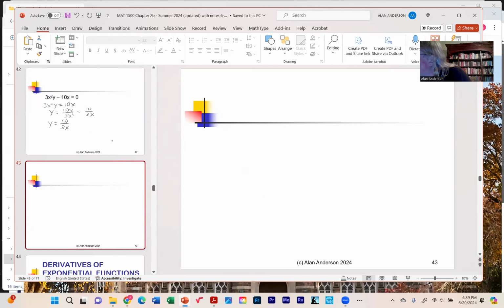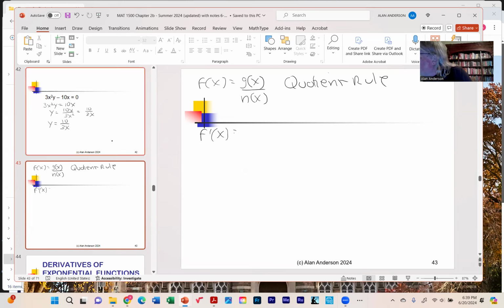So remember the quotient rule, if f of x equals g of x over h of x, we're going to have this.